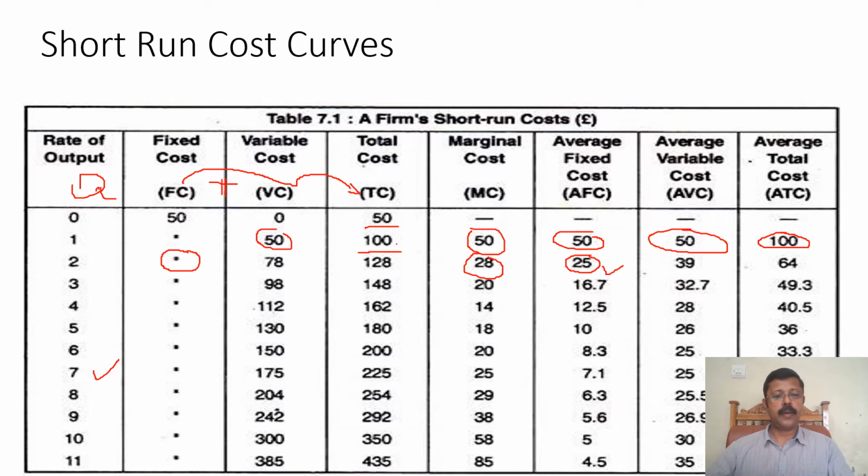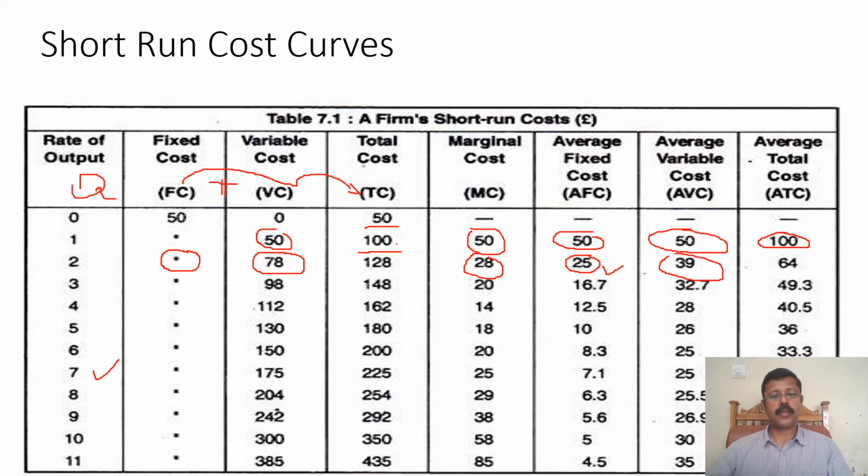Now what about variable cost? Variable cost right now is 78 rupees. When you increase the production, the cost increases, not proportionally, but still it varies. So 78 divided by 2, that is equal to 39.